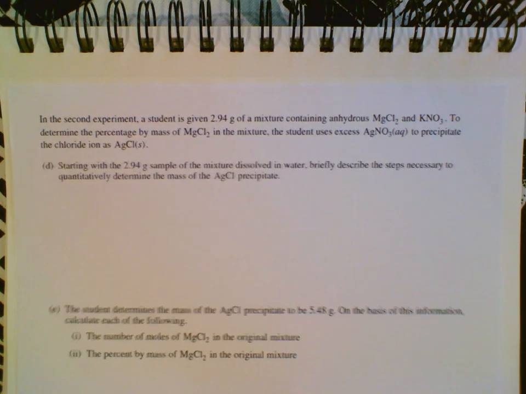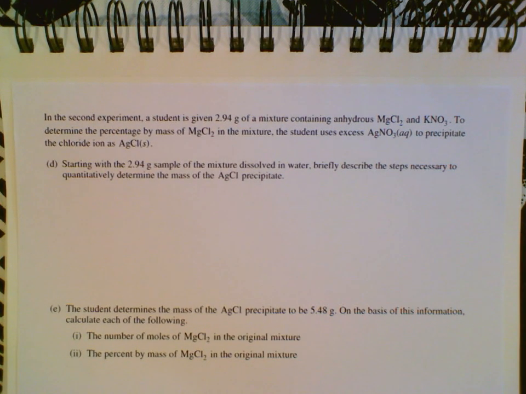So that is C. Here comes that second experiment I know you were all super excited about. It says in the experiment, a student is given 2.94 grams of a mixture containing anhydrous MgCl2 and KNO3. To determine the percent mass of MgCl2 in the mixture, the student uses excess AgNO3 to precipitate the chloride ion as AgCl.